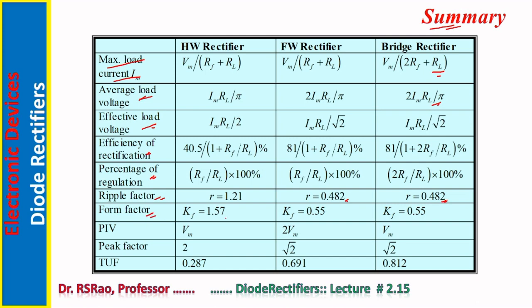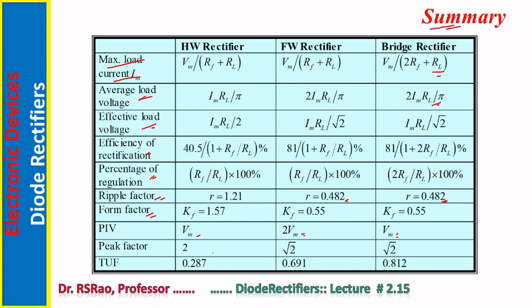Form factor is 1.57 for the half wave rectifier circuit. It is 0.55 in the case of the full wave rectifier circuit, and for the bridge circuit it is the same 0.55. Peak inverse voltage is Vm for the half wave rectifier circuit, 2 Vm for the full wave rectifier circuit, and Vm for the bridge rectifier circuit.